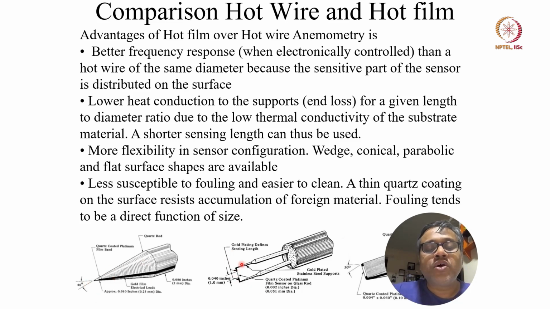Okay, and this is the normal hot wire type of arrangement. It is less susceptible to fouling and it is easier to clean. The thin quartz coating on the surface resists accumulation of foreign materials. So fouling tends to be a direct function of the size. So all these things are certain advantages of hot film anemometry over hot wire anemometry, so to say.